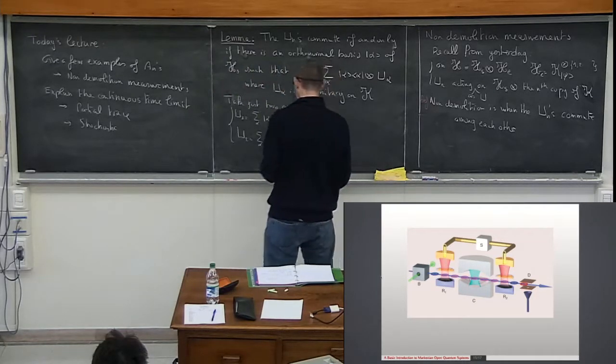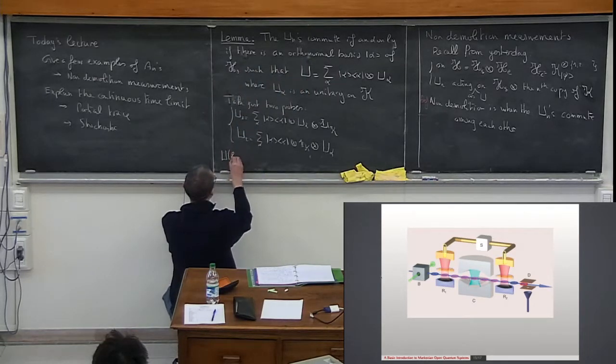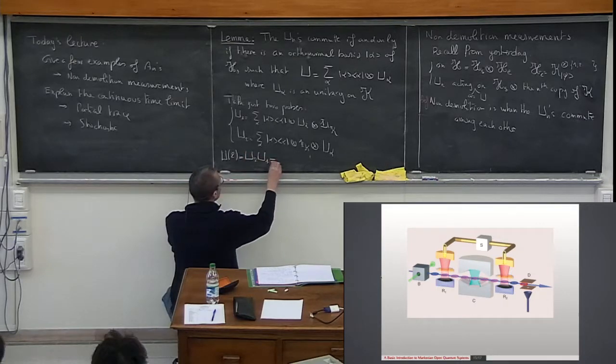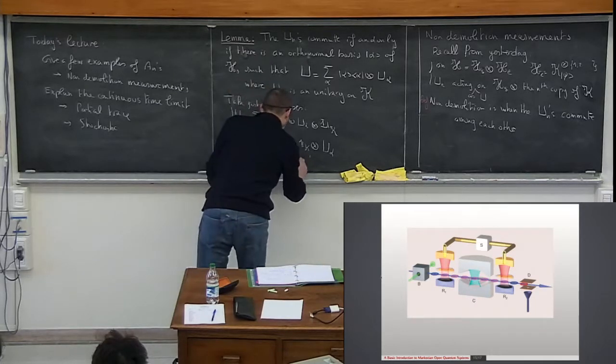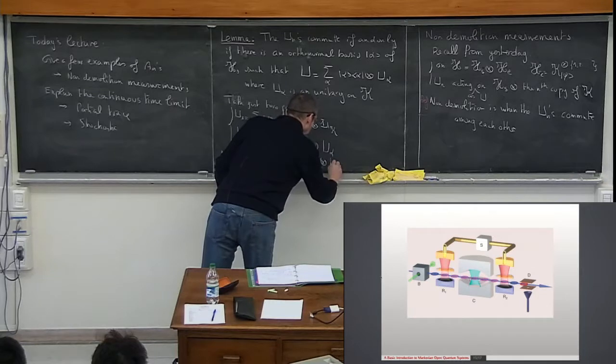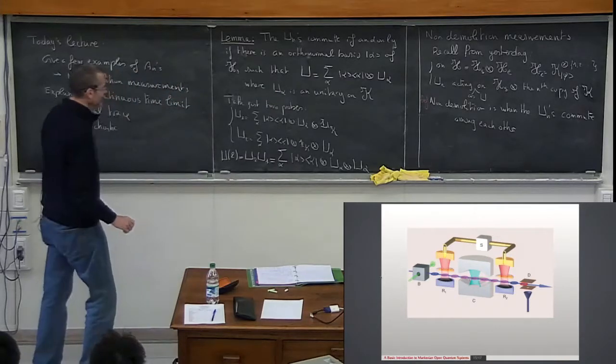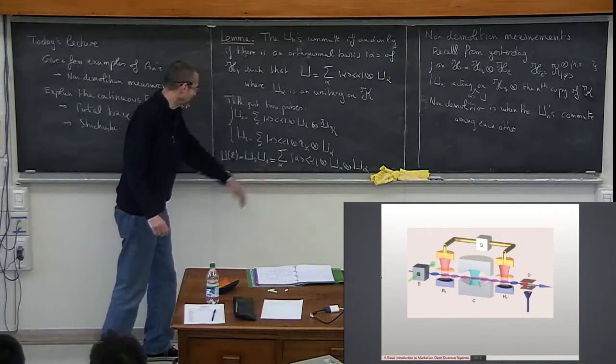And now if you make the product, if you want to get the unitary evolution for 2 time steps, which would be U2 U1, it's a one-line computation to check that this is just sum over alpha of alpha tensor U alpha tensor U alpha. And if you would do it the other way around, you would find the same result.